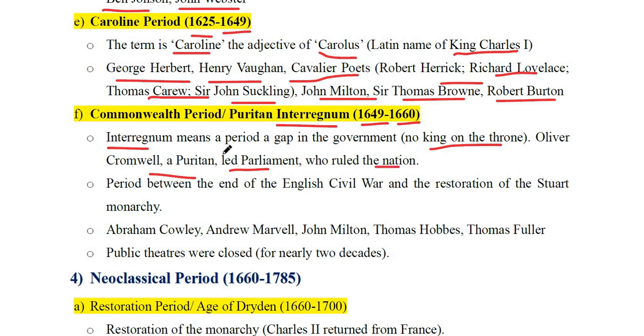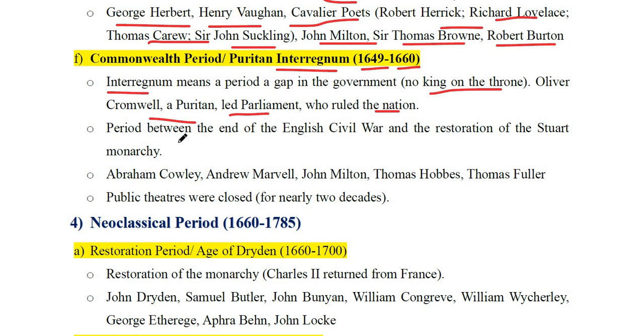So it is called the Puritan interregnum, and the Commonwealth period. It was the period between the end of the English Civil War, which was fought between the monarchists and the Commonwealth people, the Puritans, and the restoration of the Stuart monarchy. So in 1660, there was the restoration.